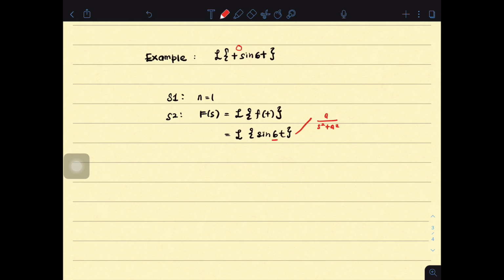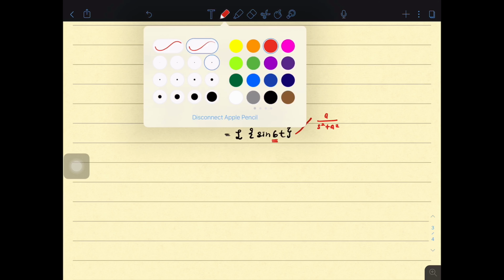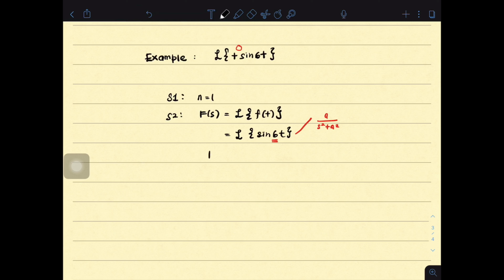Now your a is equal to 6. Therefore, the Laplace transformation of the function f(t) is equal to 6 over s squared plus 36.